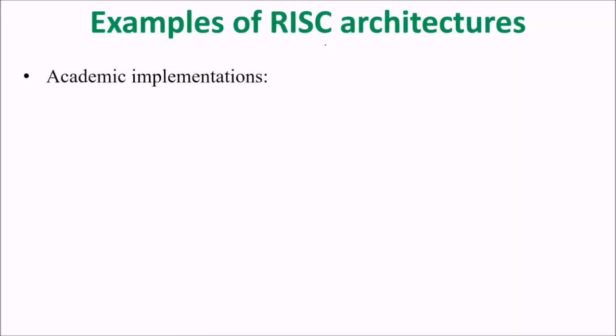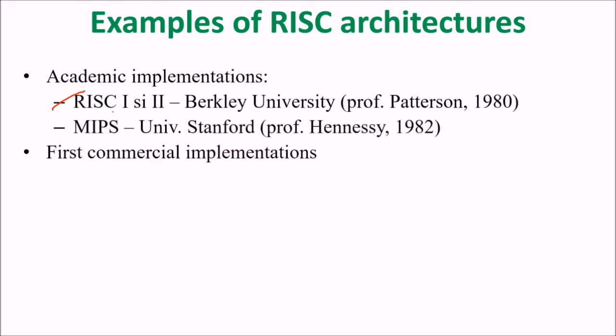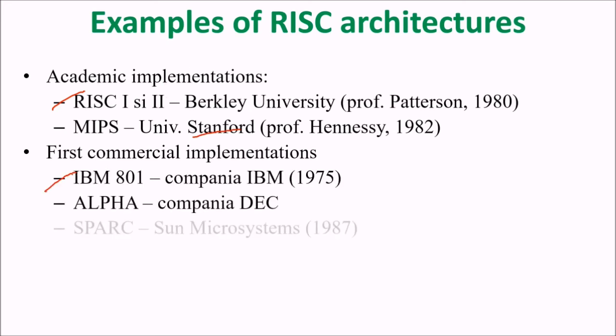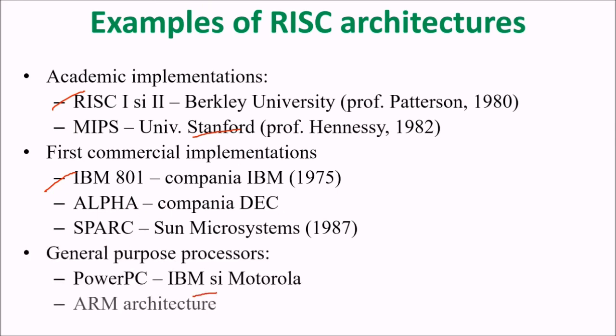Here are the examples of RISC architecture. The RISC was developed at Berkeley University, MIPS by Stanford. The first commercial implementation was IBM 801, then Alpha, Sparc, and general purpose processors, PowerPC from IBM and Motorola, and the ARM architecture.